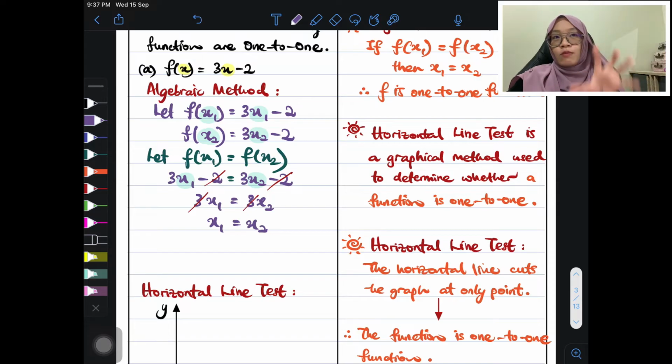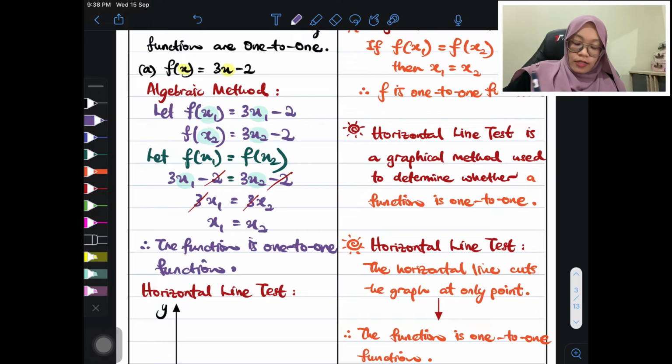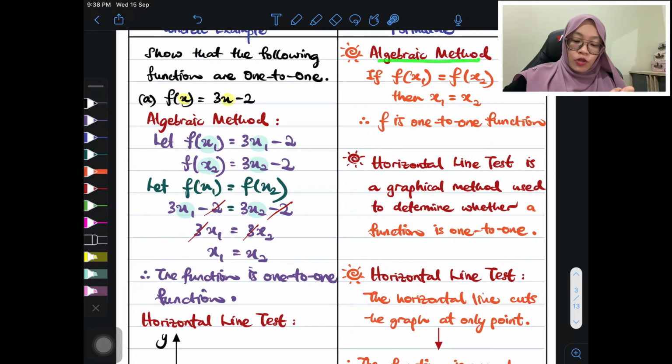So when you find x1 equals x2, it means that the function is a one-to-one function. That's it. When you find that x1 literally equals x2, they are equal to each other. That is the algebraic method.